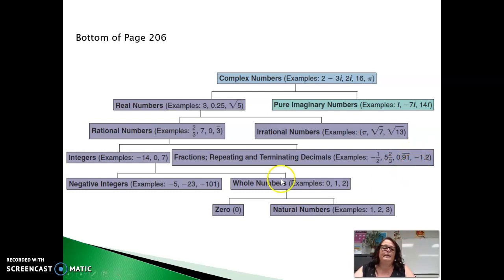The integers are made up of the negative integers as well as the whole numbers. Whole numbers start at 0 and go up from there with no fractions or decimals. If you chop off 0, that gives you the natural numbers, or what we call the counting numbers. Where did you start counting when you were 3? You started with 1, and then 2, and then 3, and so on. So this is the breakdown of all the number systems.